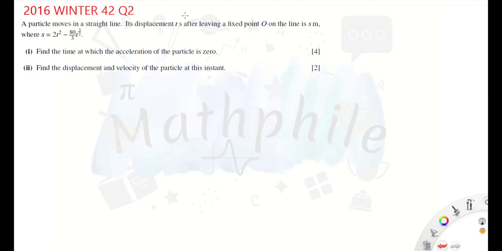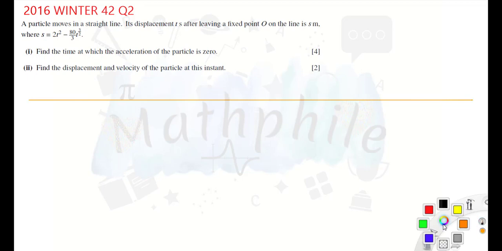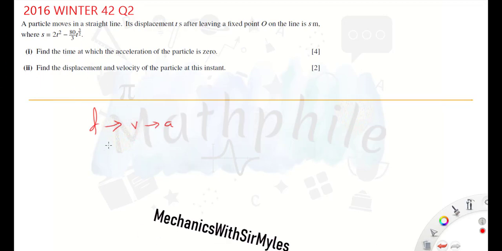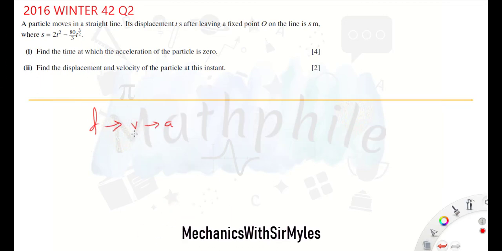I don't think this should be difficult for you. Any ideas as to how to solve this? So I just integrate it twice and equate it to 0. You differentiate the displacement function, you get velocity.